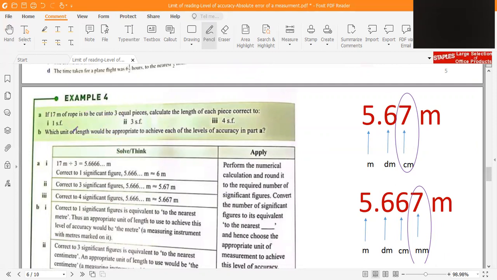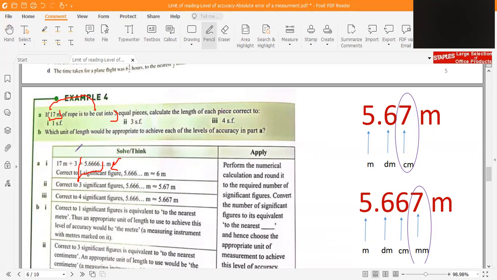It says that if 17 meters of rope is to be cut into 3 equal pieces, so 17 meters divided by 3, calculate the length of each piece correct to one significant figure. First we divide 17 by 3, we obtain 5.666666 meters. We are using the meter as the unit here. Correct it to one significant figure.